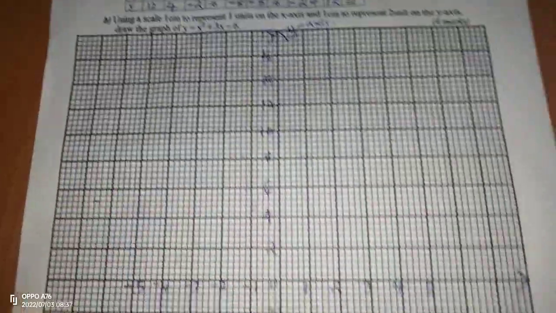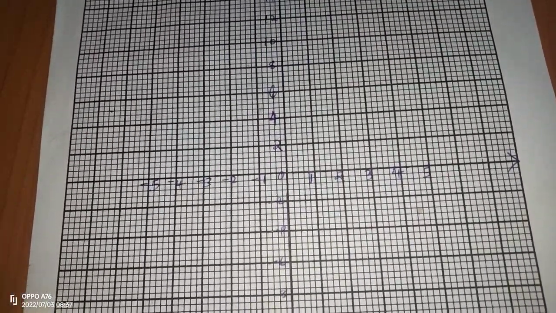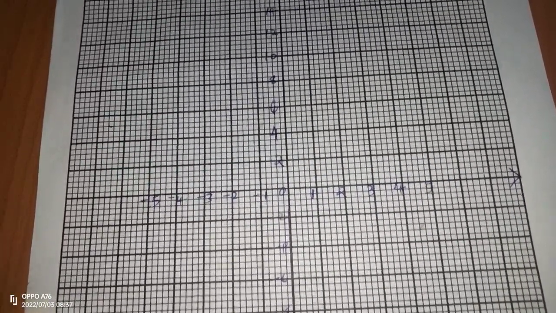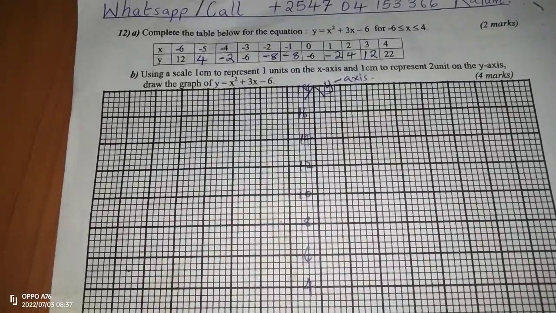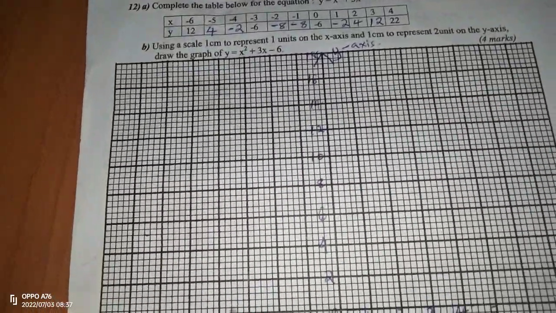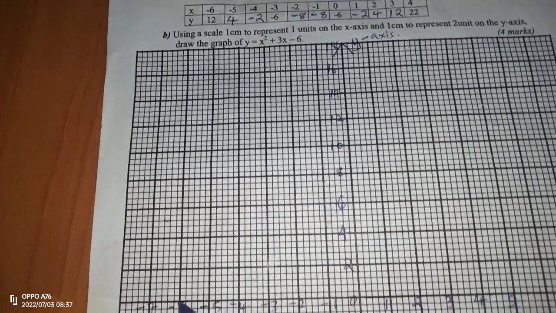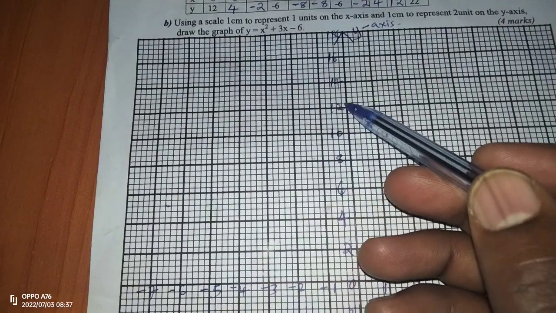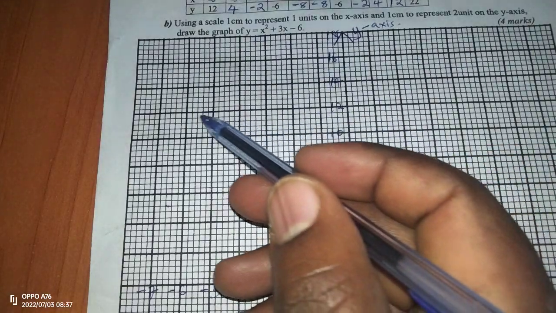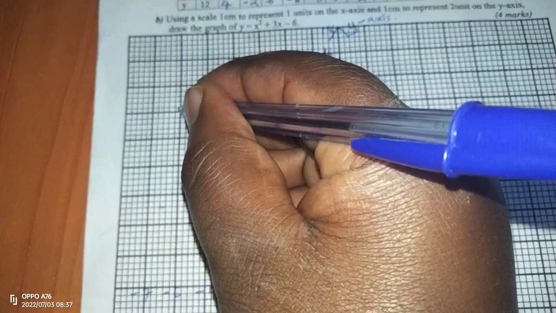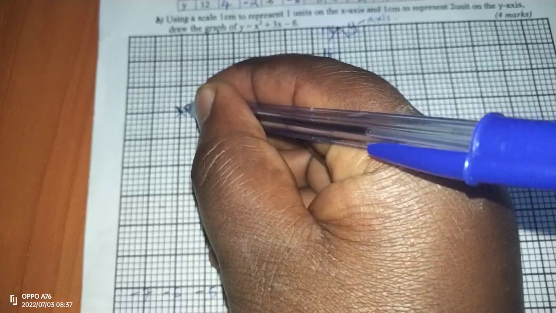Let me now plot the points. Since the Cartesian plane can be seen now, we have coordinate -6, 12. So at this point we are going beyond -5. So -6, +12. -6 is here, -6 and +12. So where they intersect, we get our first plotted coordinate.